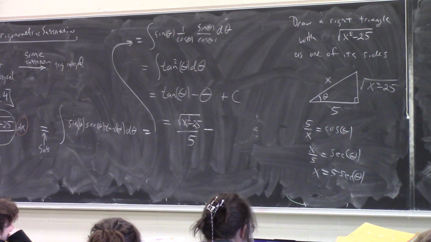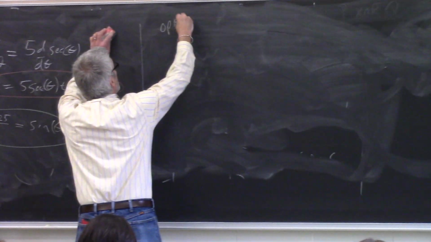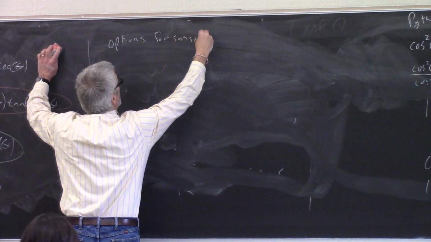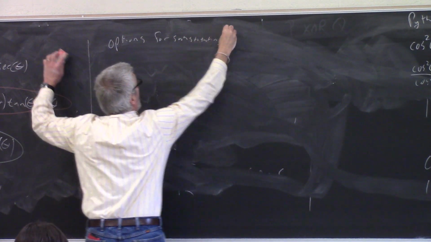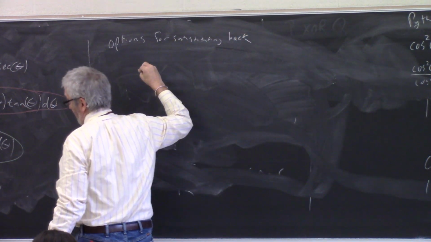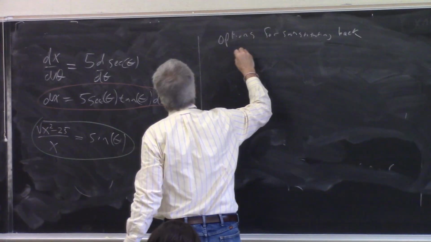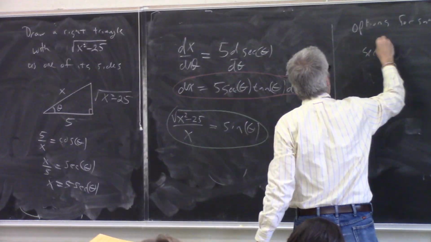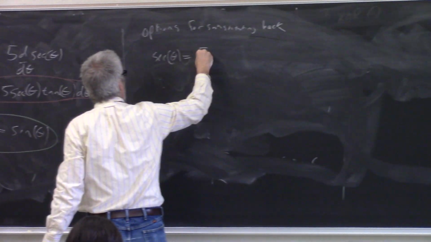We get options for substituting back. Notice from that picture, we get that secant theta is 5 over x.